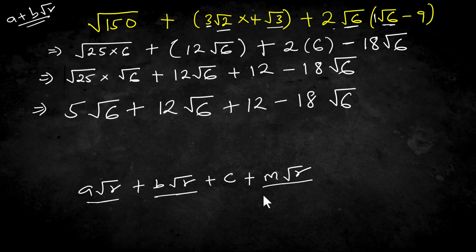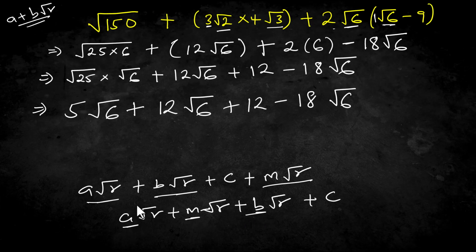So this one will be a root r plus m root r plus b root r plus c, so we have a plus m plus b, since they all bear the same thing here, so a plus m plus b root r plus c.